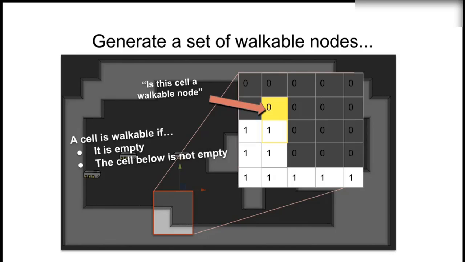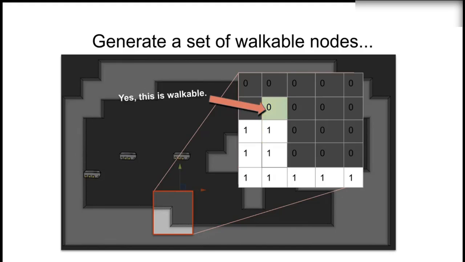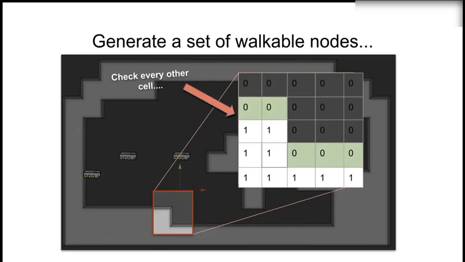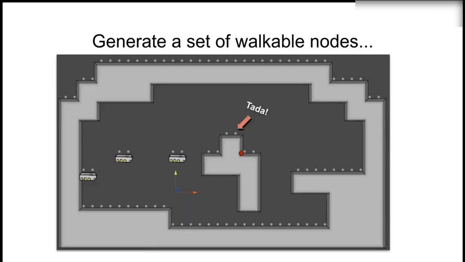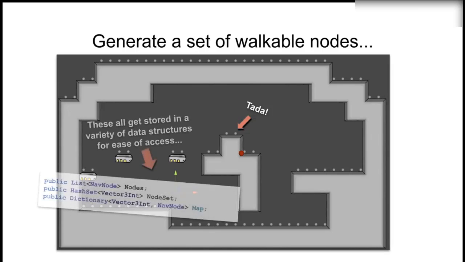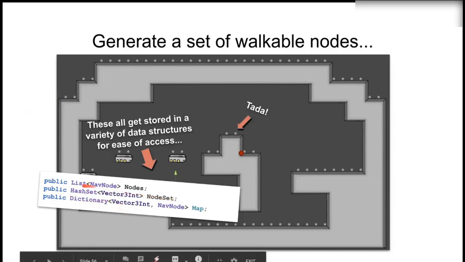That's it. Then that spot is walkable. And just repeat that for every cell. You wind up getting all these little circles that represent the nodes in the nav graph. Then I store these nodes, primarily in a hash set, but in different structures for different sorts of access patterns.